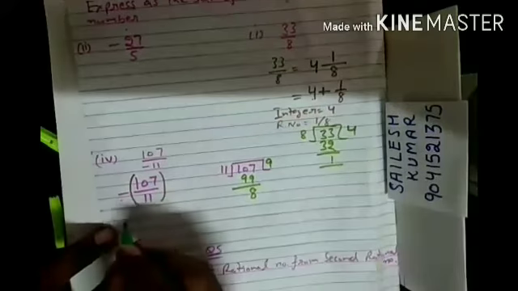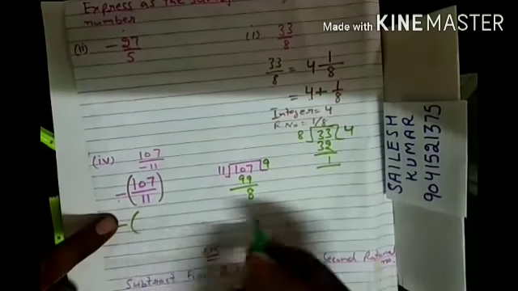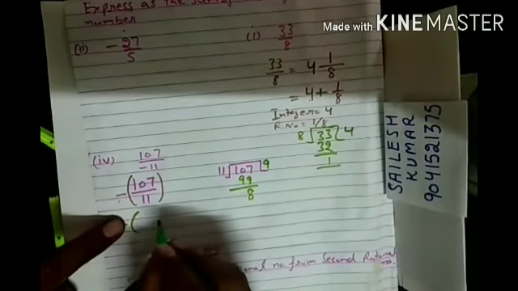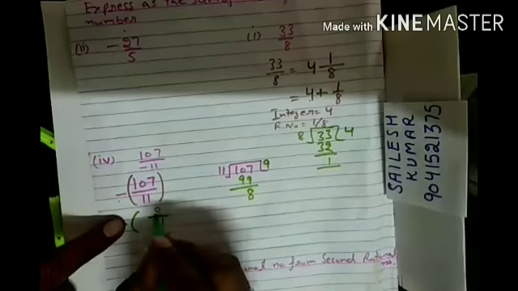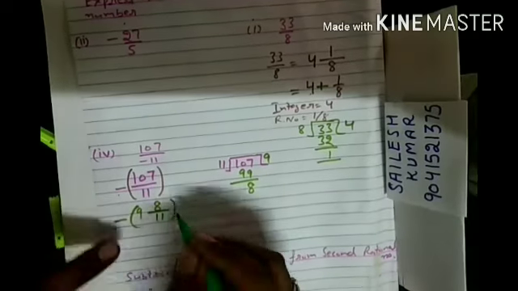So I can write this, 11, 8 and 9. Clear?